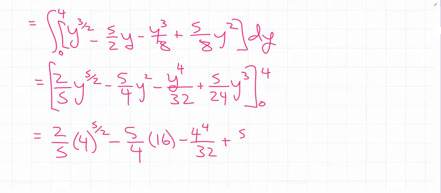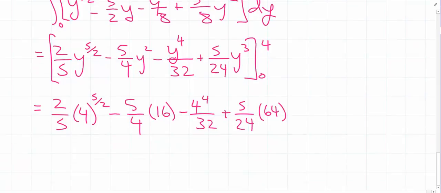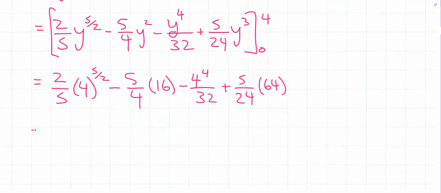And then 5 over 24. What's 4 to the 3rd? What, 64 is it? Okay, so this is 64, and that's going to be 256. Now, did I plug in and get everything right? I'm assuming that's all correct. Okay, hopefully. Okay, now let's see what we've got.